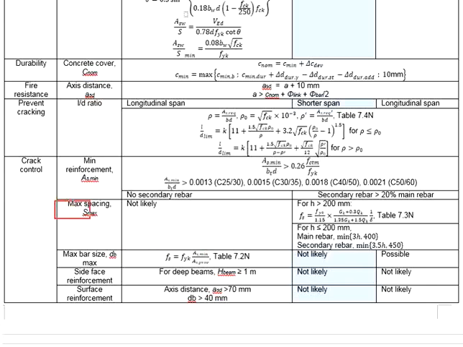As for the maximum spacing, we are talking about the maximum spacing between the main reinforcement bars, and in the case that there are secondary reinforcement bars, it also limits the maximum spacing of the secondary reinforcement bars. For beams, you don't really need to check for the maximum spacing due to the small cross-sectional area.